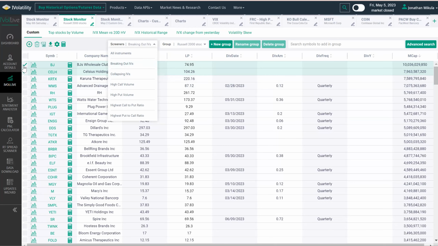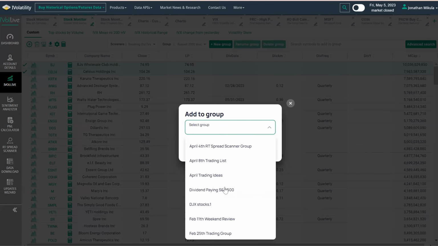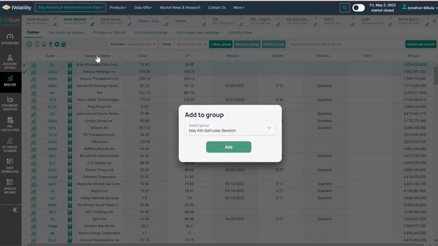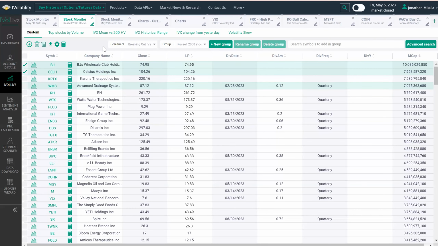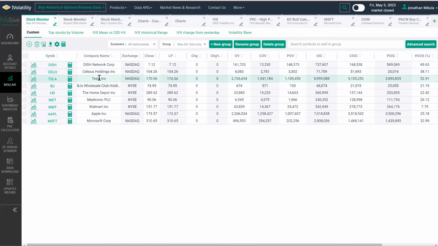Now I've got these little check boxes here, and I can add those to a group. So now let's add to our handy May 6th Saturday session group. So now BJ's and Celsius have been added to that group. See, here we go, BJ's, Celsius.